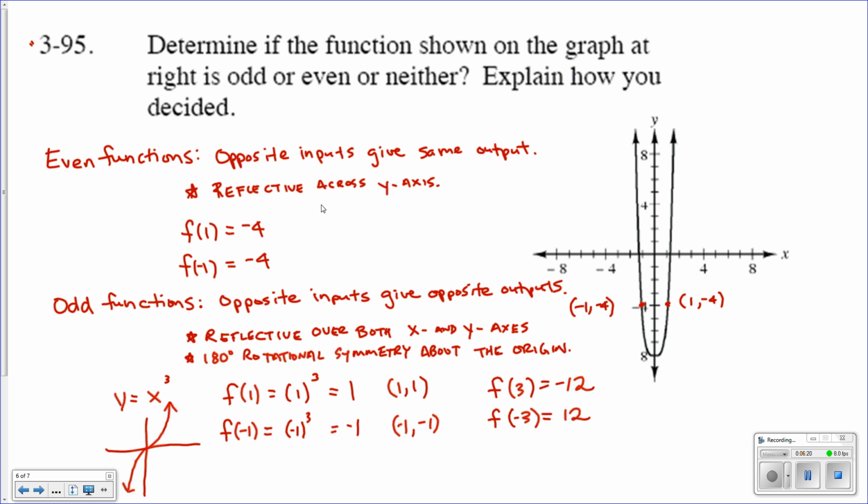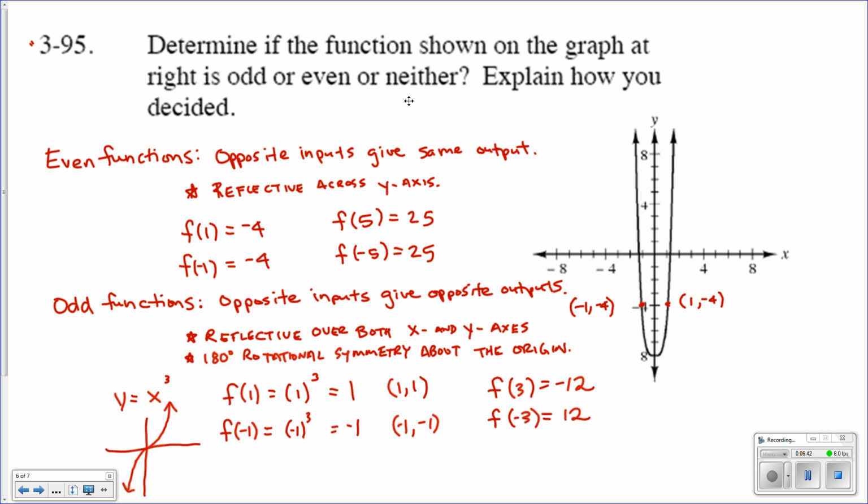If I did an even function up here and I said f of 5 gives me 25, then when I plug in the opposite of that, I'm also still going to get 25 out there. That's even. Odd, you get the opposite outputs.